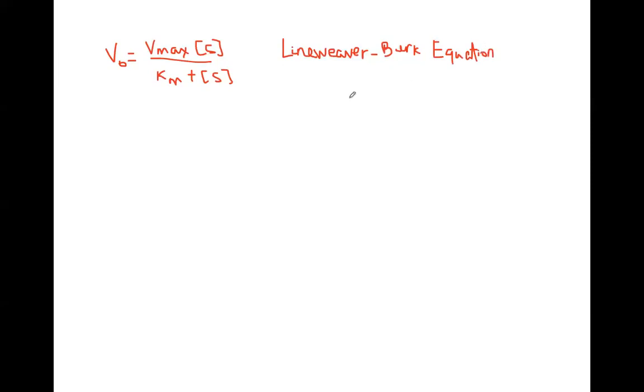So what we're going to do is take the double reciprocal of this. On the left-hand side, we're going to put V naught in the denominator. And on the right-hand side, we're going to switch the numerator and denominator as well: Km plus substrate concentration over Vmax times substrate concentration equals.